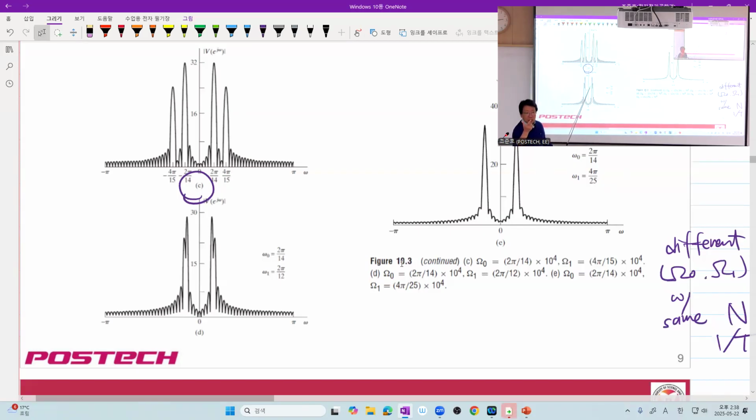Now, the 2 shifted window functions' DTFTs overlap a lot. So the main lobe of one DTFT and the side lobe of another DTFT now interfere like this. Now let me ask you a question. Suppose you didn't know the original signal consists of 2 cosine functions.